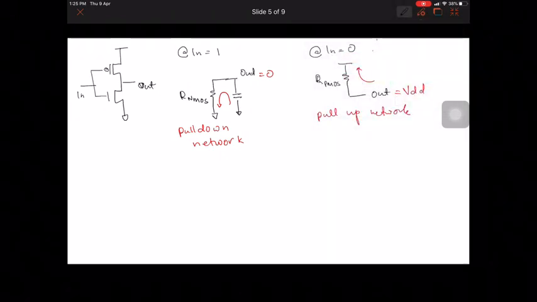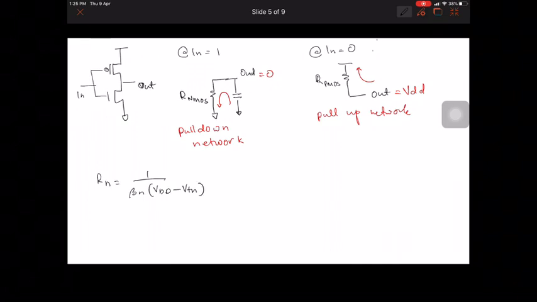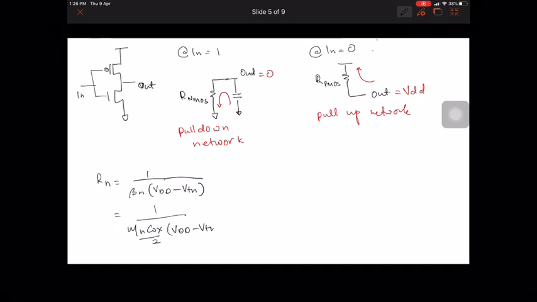Here we want to know what is the value for NMOS and PMOS. Before this, we know that Rn equals 1 over beta n (VDD minus VTN), and if you expand, it is 1 over mu n COX over 2 (VDD minus VTN).